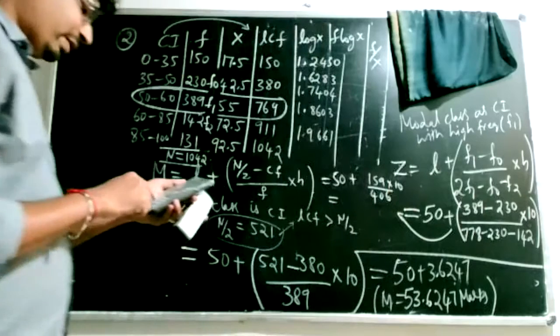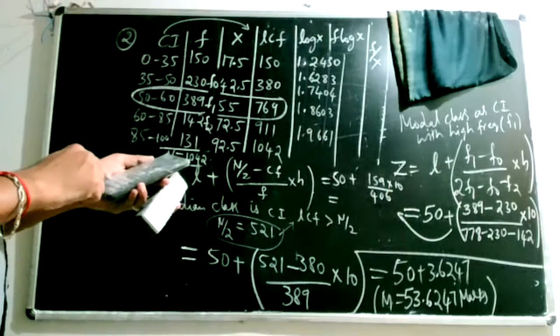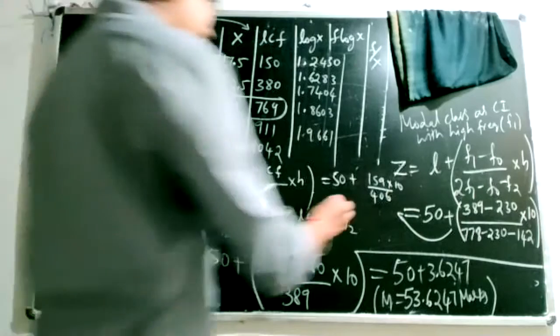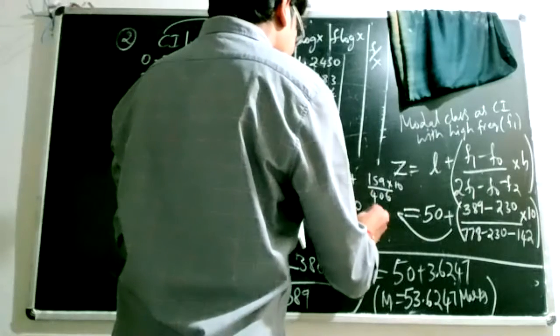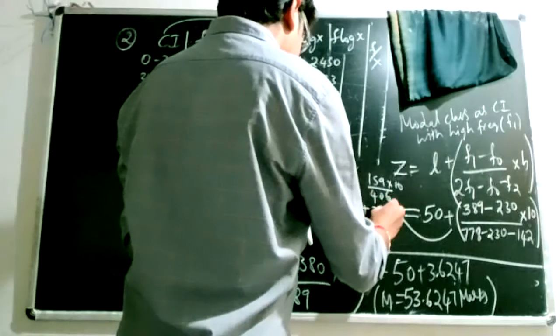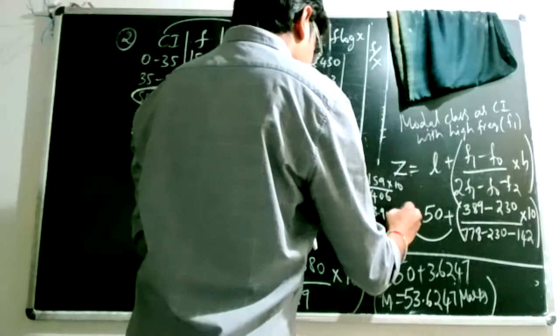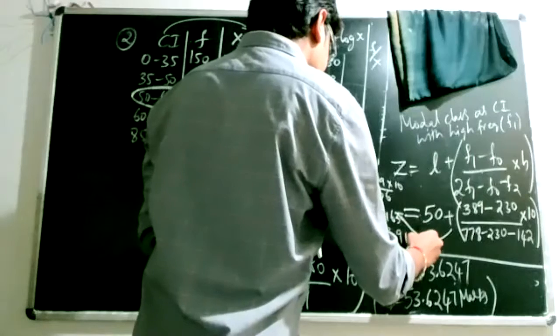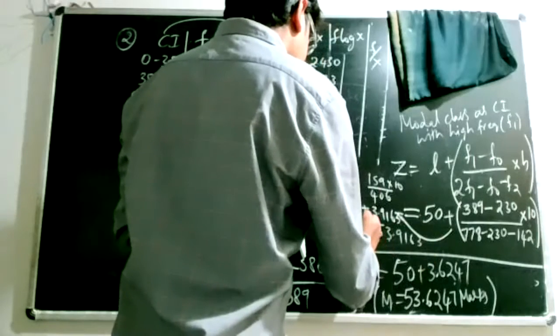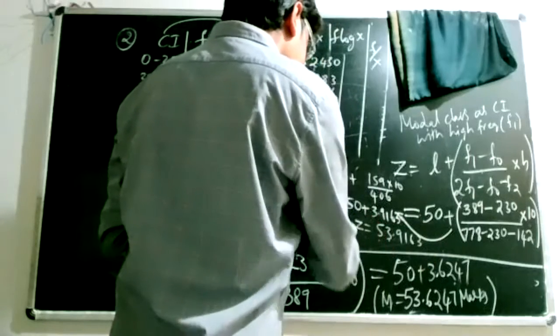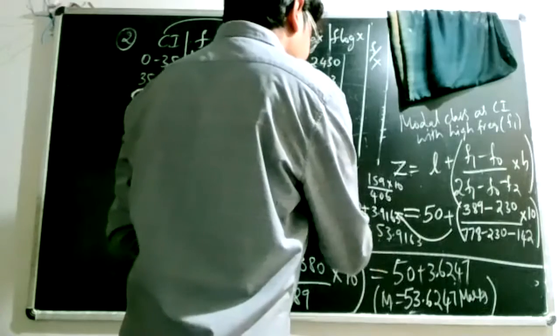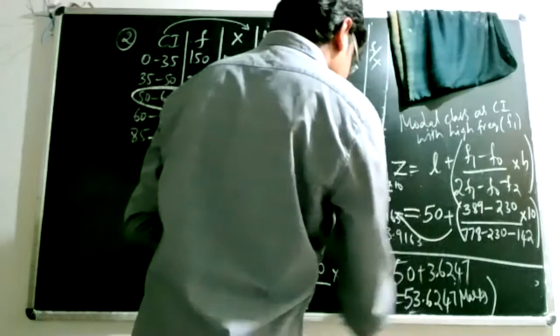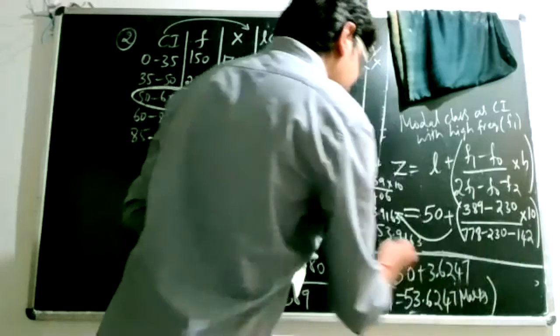So when I do 159 into 10 divided by 406, I get 3.91. So when I add it to 50, I get 53.9163. So if you look into the actual values now and the actual data, you will see that the values need not be in the data.